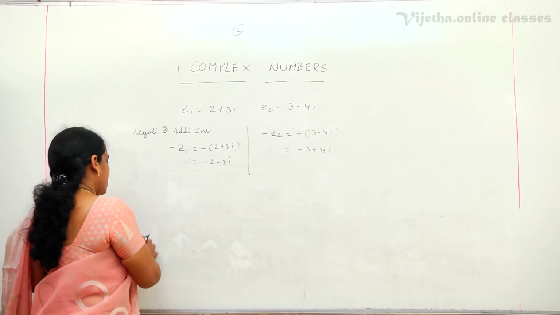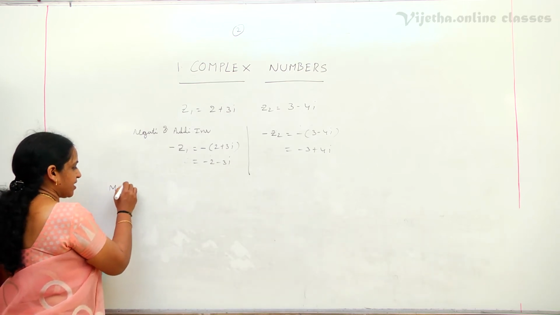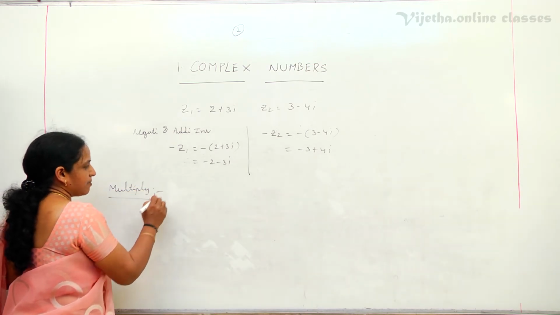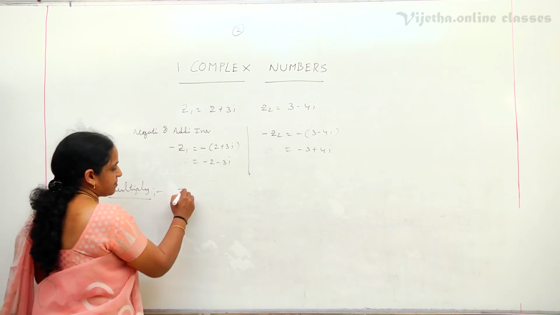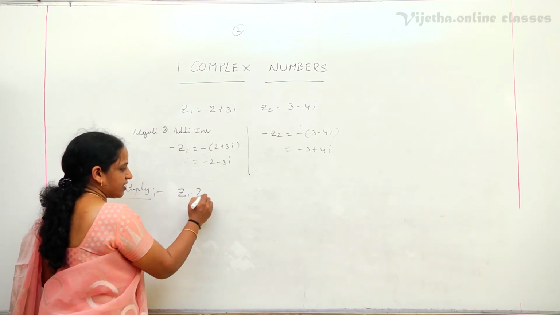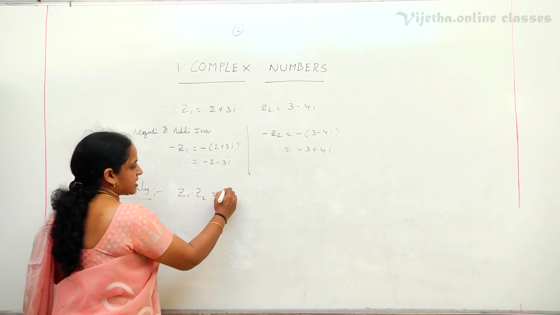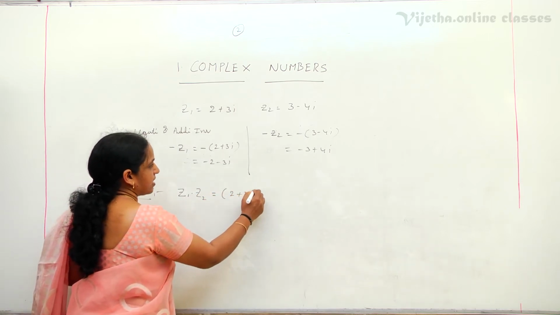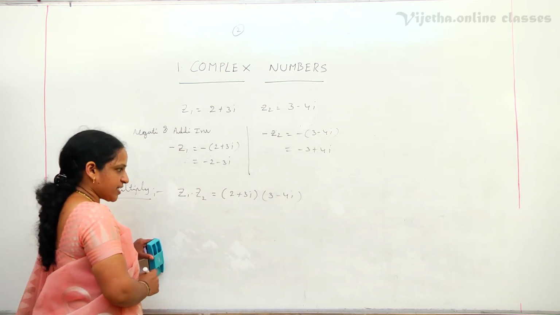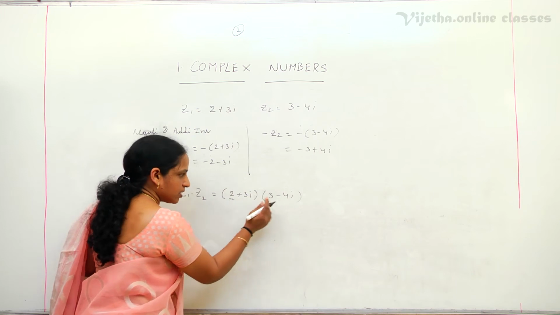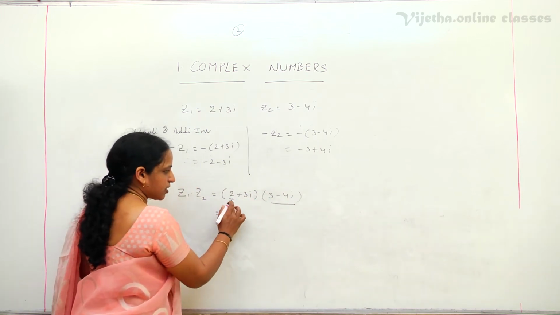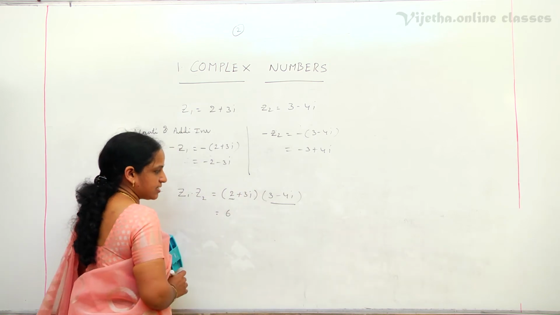So next one is multiplication. How to multiply the complex numbers? Multiplication means product, so Z1 into Z2. Here Z1 is 2 plus 3i and Z2 is 3 minus 4i. First multiply 3 minus 4i with 2. So 2 into 3 is 6.